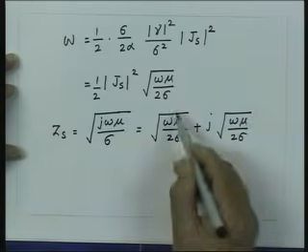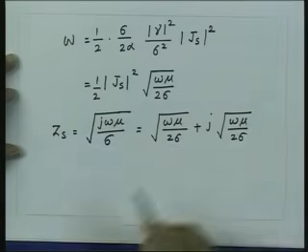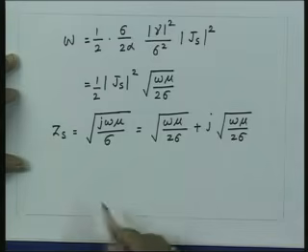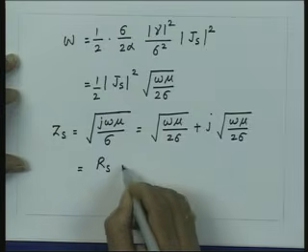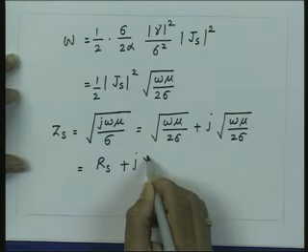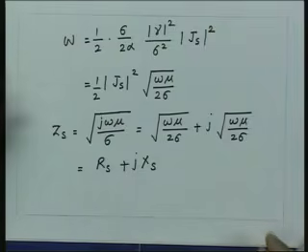So, the surface impedance has a resistive part which I call the surface resistance and a reactive part which I call the surface reactance. So, let us write this as surface resistance plus the surface reactance.